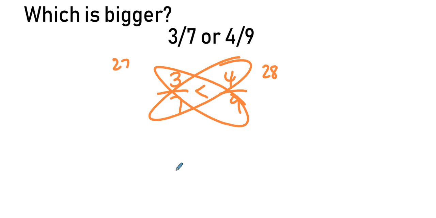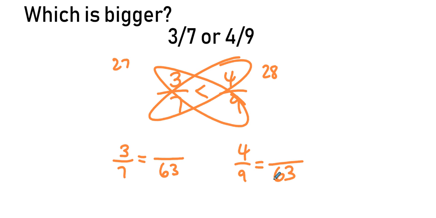Well, we can get a common denominator. 3/7 is equal to some number of 63rds, and 4/9 is equal to some number of 63rds. Why 63? Because that's the least common multiple of 7 and 9. So if each of the 7 pieces gets broken up into 9 each, then the 3 pieces we chose also get broken up into 9 each.